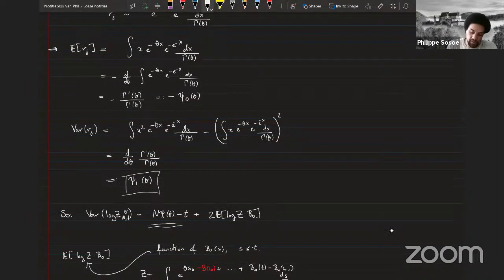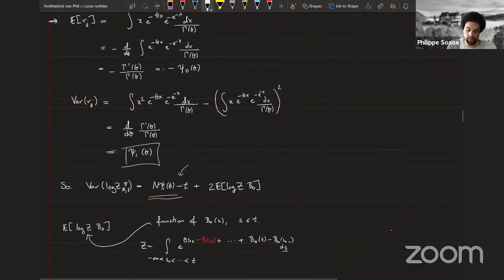The first sign of that possibility of cancellation we see reflected in this first term here. n times ψ_1(θ) minus t is a difference of two positive terms. So we're going to be able to choose n and t so that this first term is small.